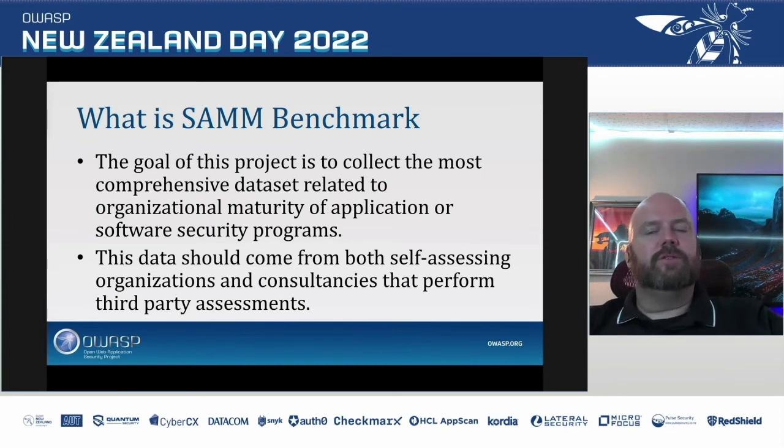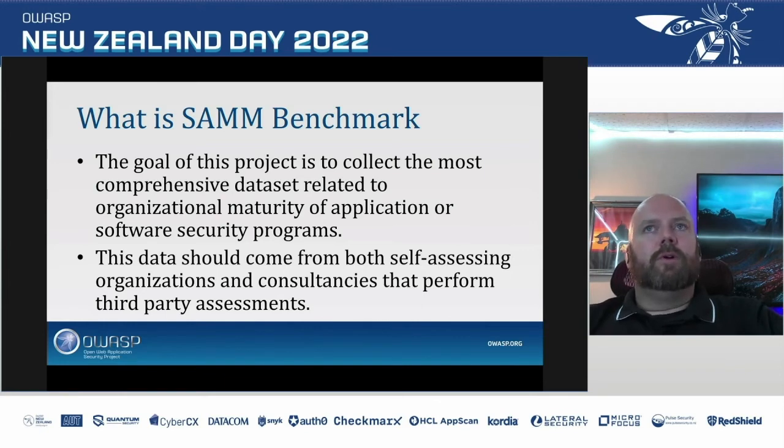Within Benchmark, we also realized that the model's a little different than BSIMM. BSIMM has a single organization that does the assessments, and that's the only way you can do it. SAMM allows for both self-assessing and for a consultancy to do a third-party assessment, and we're looking at collecting data from both.